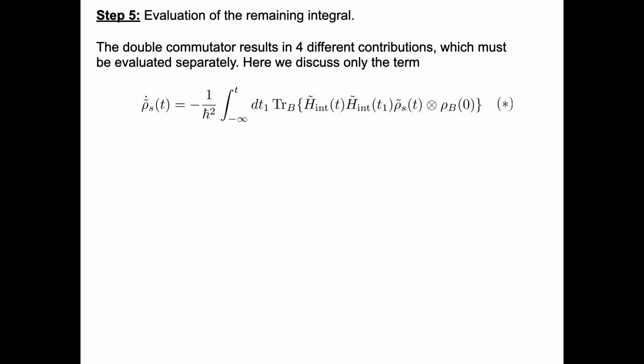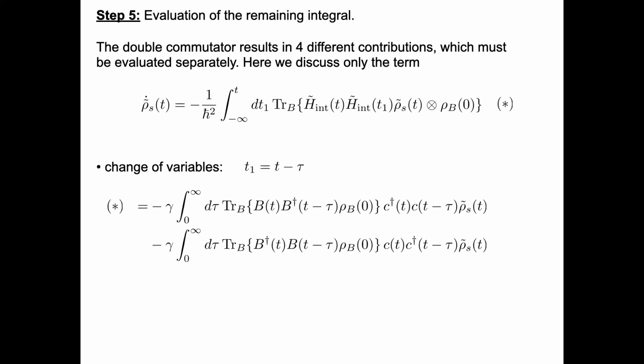And let's go back to our definition of h int. What do we have? H bar squared of gamma. So I use this convention here.